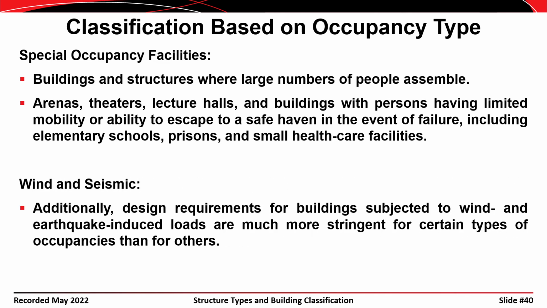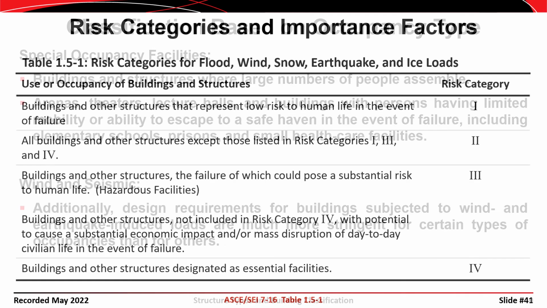And then finally, we have additional criteria for buildings subjected to wind and seismic. Certainly, we have wind everywhere, and there's a potential for seismic everywhere. But there are parts of the U.S. and parts of the world where these actions are going to drive the design of the structure. And in those cases, we have different design criteria for those buildings.